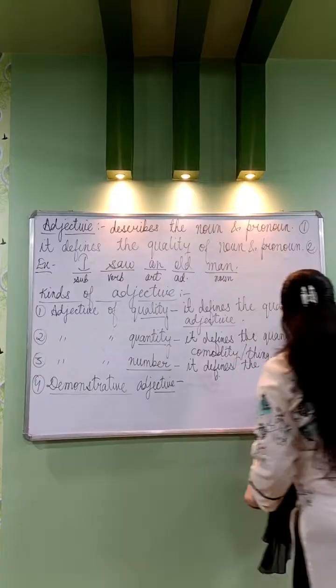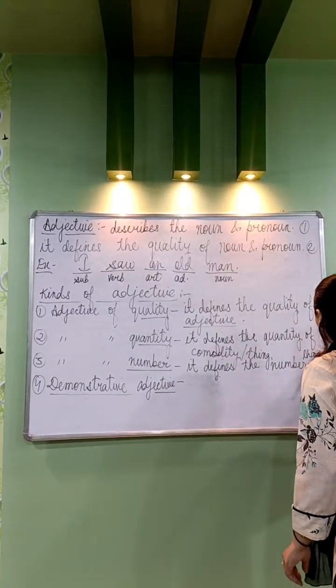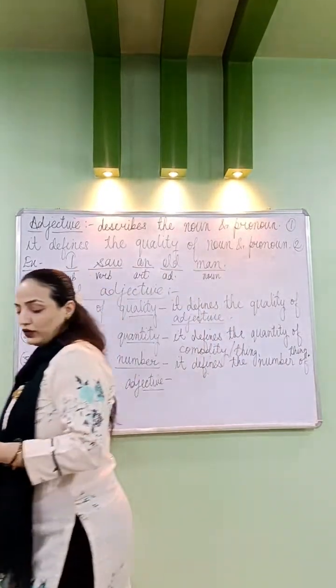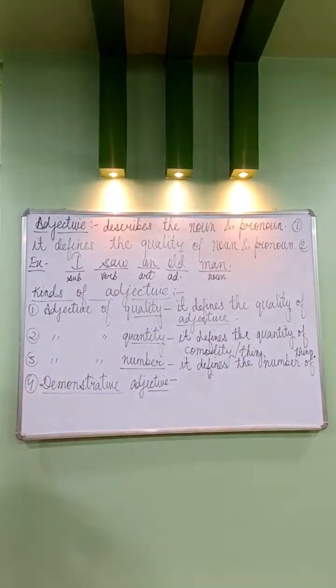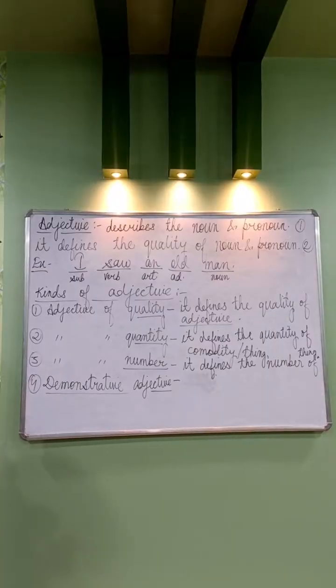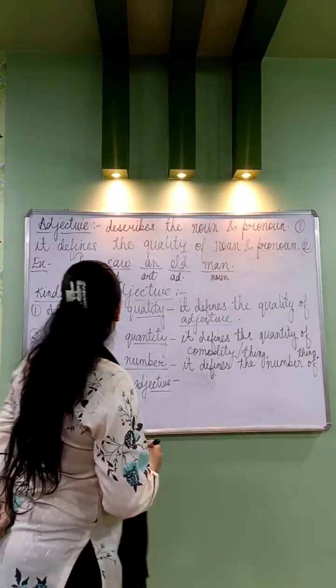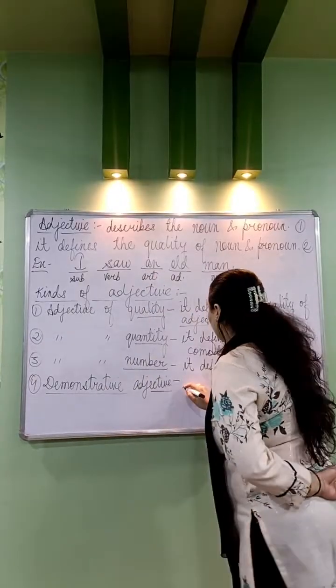I will move down here. Yes. So here in fourth category, I will explain about the demonstrative adjective. It is an adjective which is used to point out the naming words. That is called the demonstrative adjective.